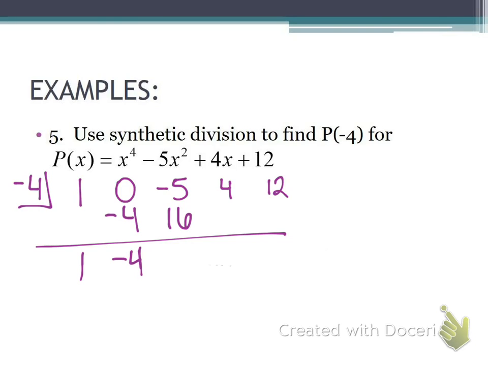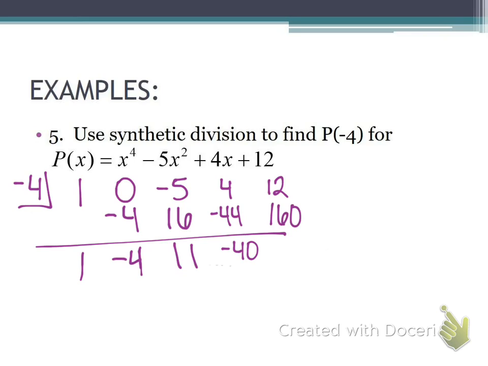Okay, negative 5 plus 16 is 11. Multiplied by negative 4 is negative 44. Add that to a positive 4. We get negative 40. Multiply that by negative 4.